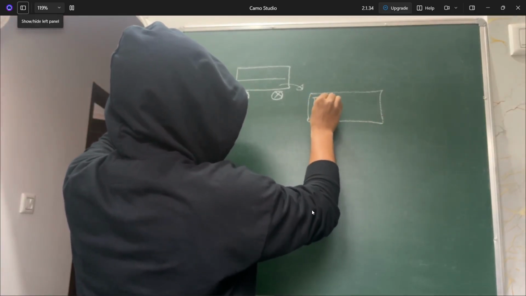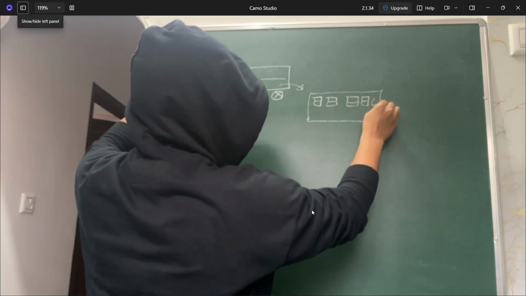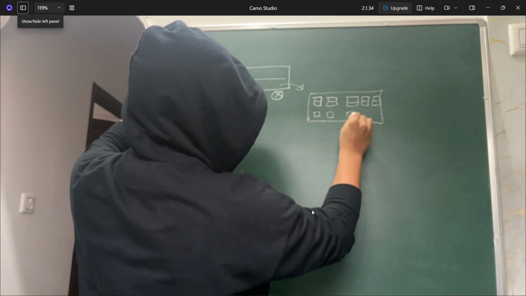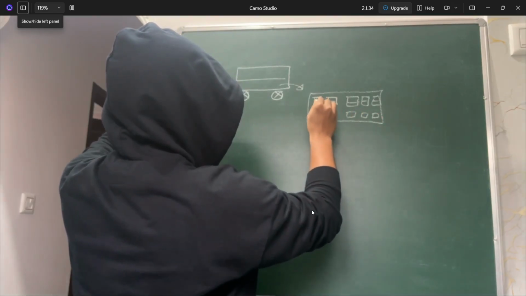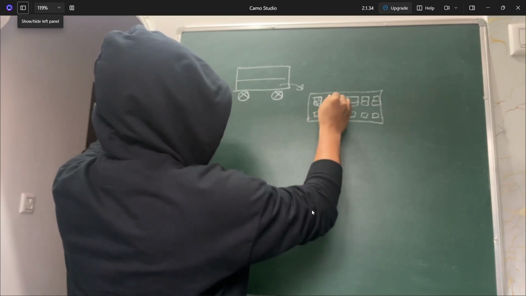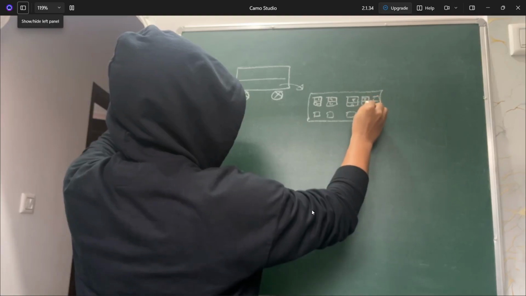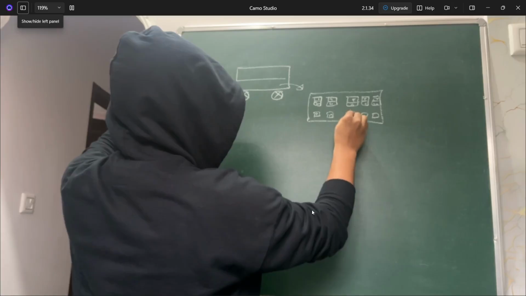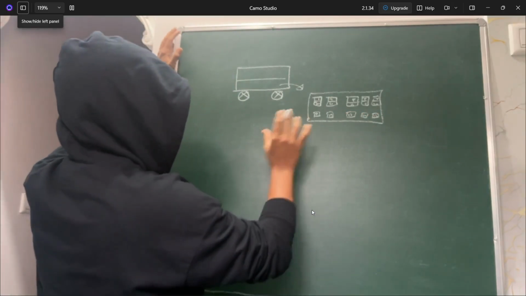We have a double seat. Pardon me for my diagram, but you can visualize, and they've also given it in the question. Looking at the numbering, this is 1, this is 2, this is 3, 4, 5, 6, 7, 8, 9, 10, this is 11, 12, 13, 14, 15. This is the seat arrangement.